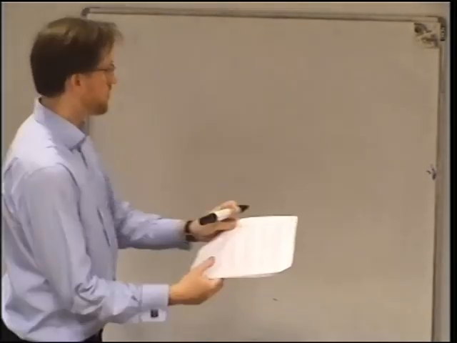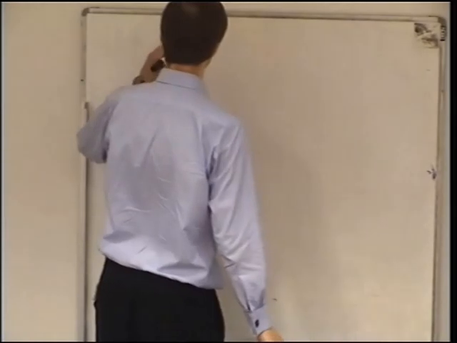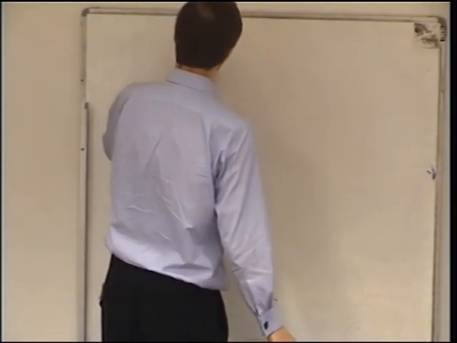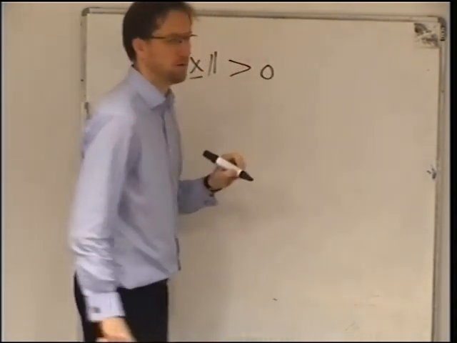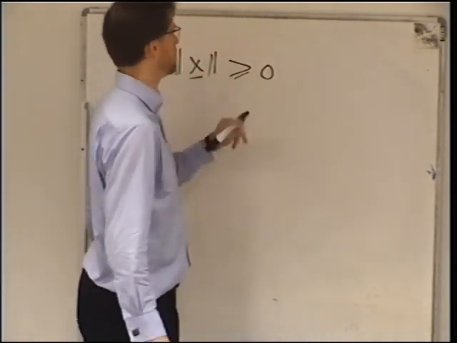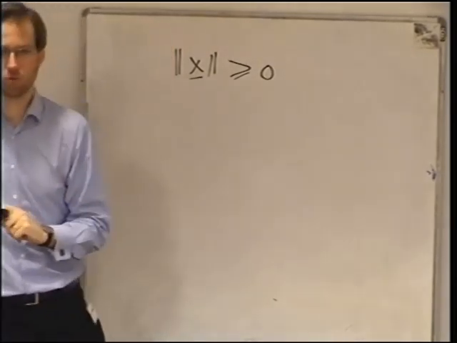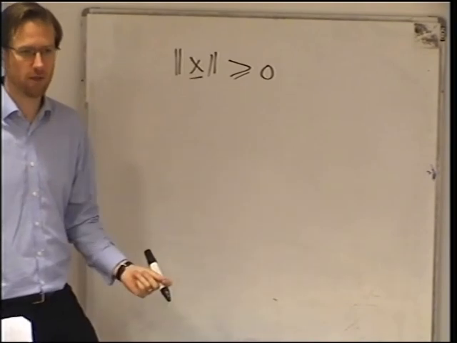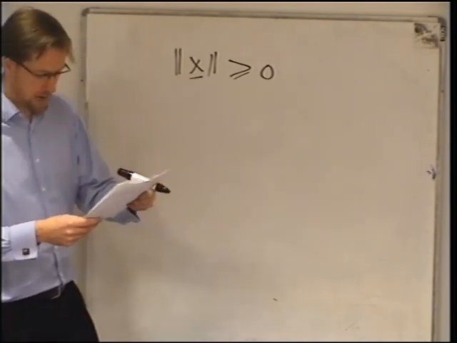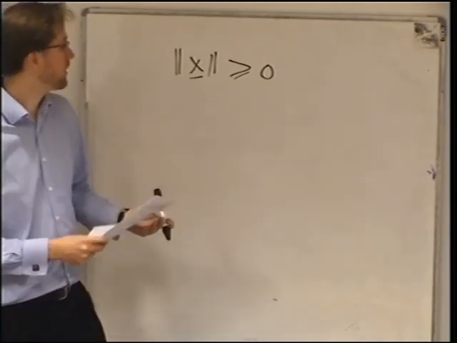So the first rule is positivity again. So positivity says that the norm of a vector is greater than or equal to 0, but it can only be 0 in the usual special case. Right? The 0 vector has length 0, all other vectors have positive length. That's very important.